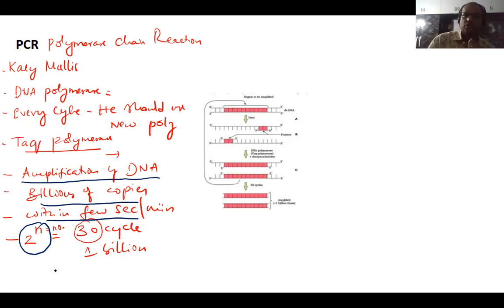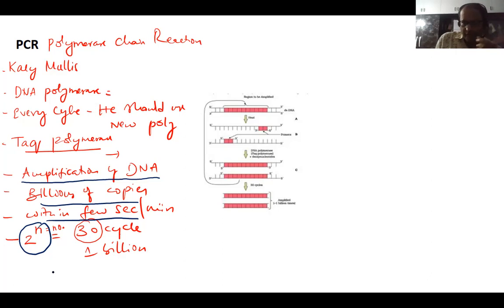Now, I hope you are understanding exactly what this is. But what was the problem before Kary Mullis? We used an enzyme called DNA polymerase. What is the use of DNA polymerase? That is for polymerization of the DNA, where the nucleotides have to be joined and a polymer, that is a chain, has to be formed. That was its function.